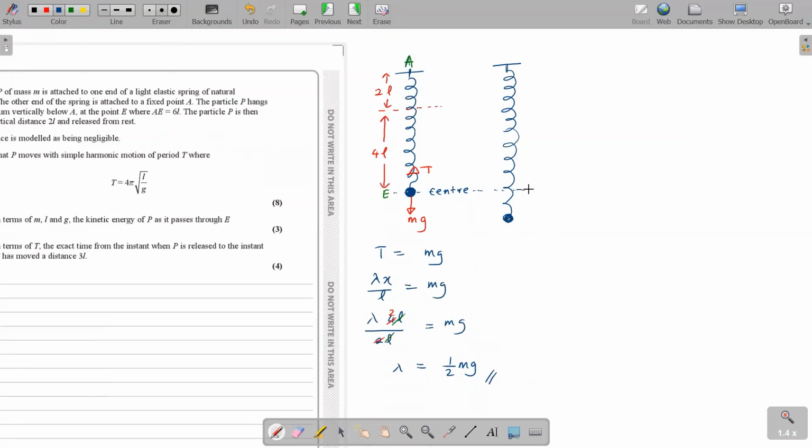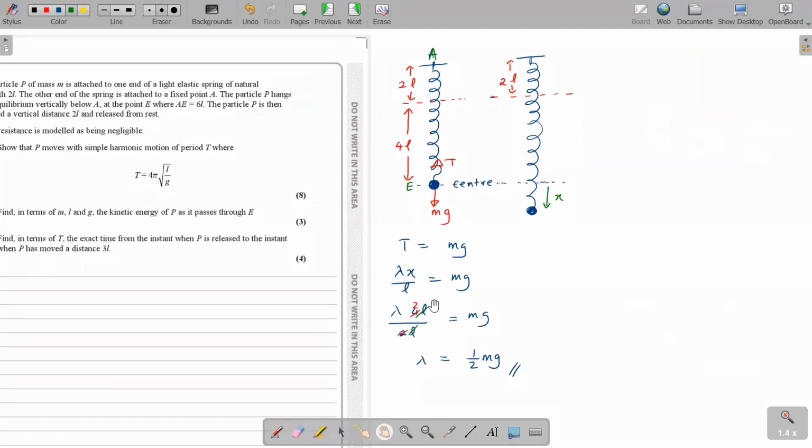So this is the center, and this is the natural length position. I'm considering a general point which is measured x distance away from the center, because we measure the distance traveled from the center for SHM.